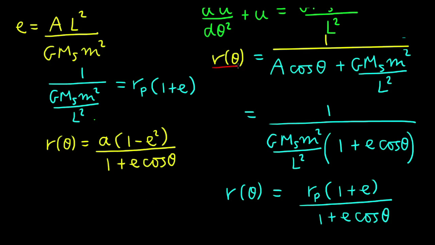And from this expression, when theta equals 0, we also have the distance to perihelion as the reciprocal of the constant a times cosine 0 plus this constant.